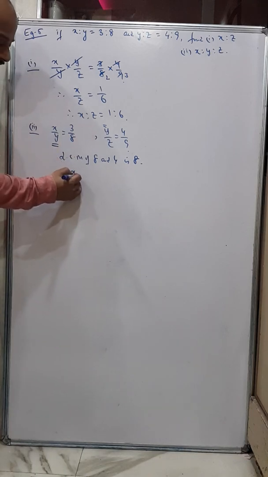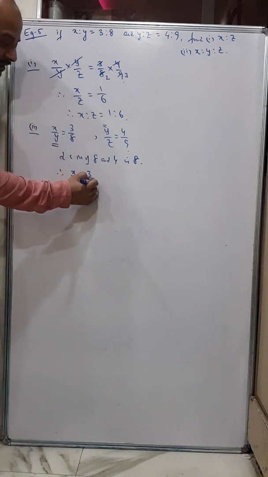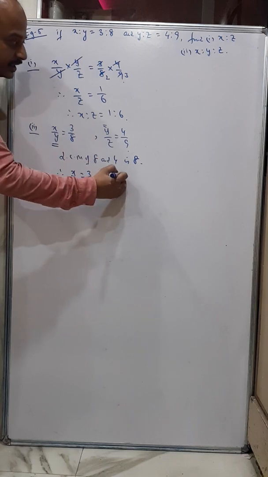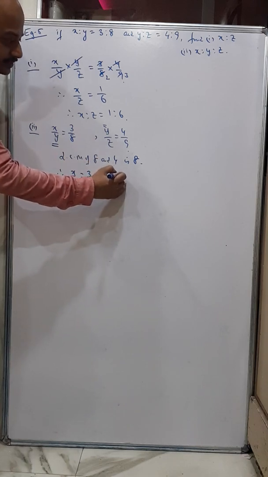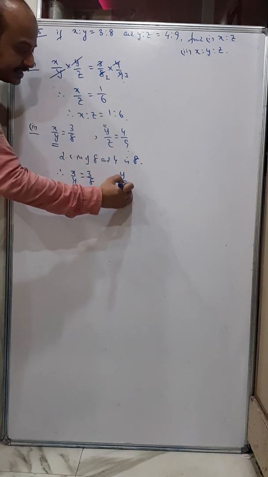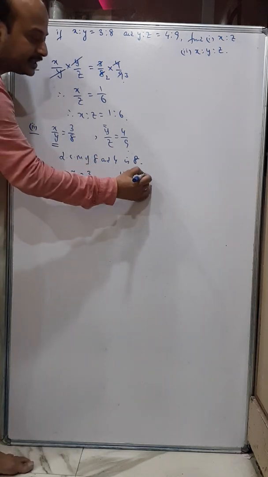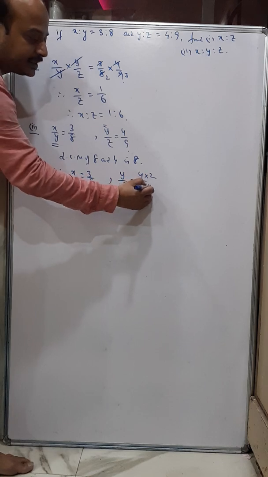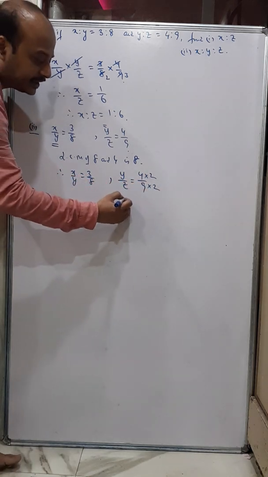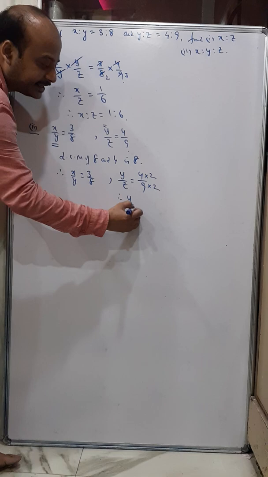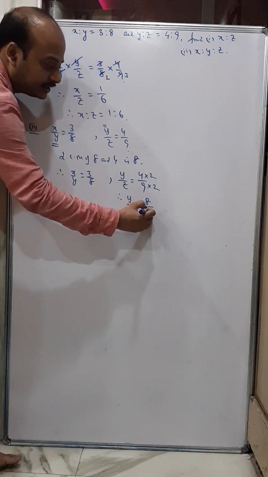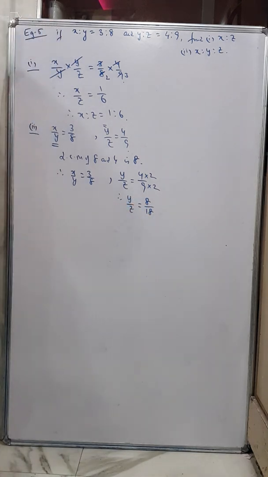Now this is X by Y, that's 3 by 8, so it's already 8. And then this one, Y by Z is equal to 4 by 9. Now if I have to make 8, I have to multiply this 4 with 2, so I will multiply the denominator also by 2. So finally I get Y by Z as 8 by 18.